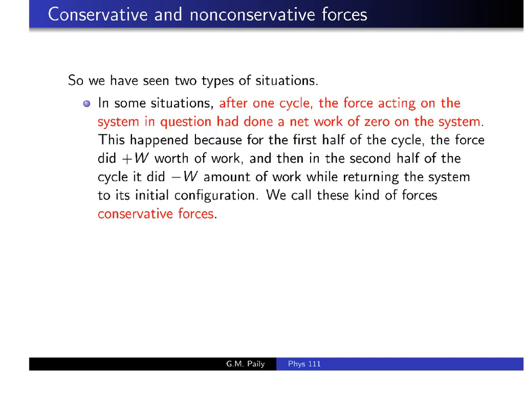In some, like the pendulum or in the spring mass case, the net work done on the system is zero, right? And these kind of forces, like the spring force or like gravitational force, these forces we call conservative forces.